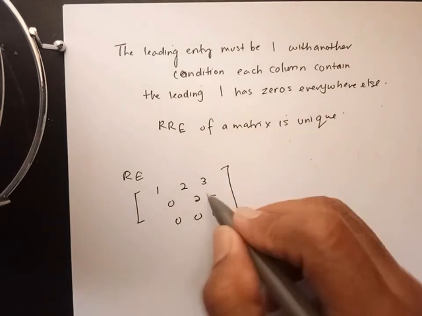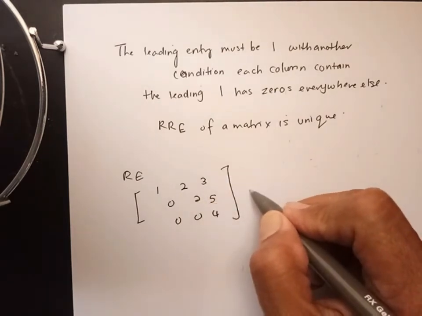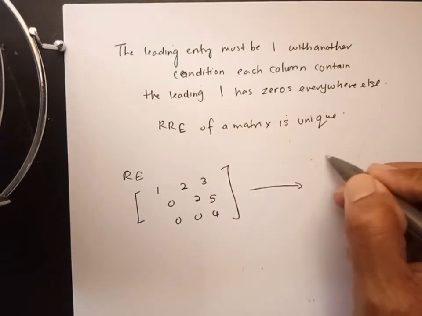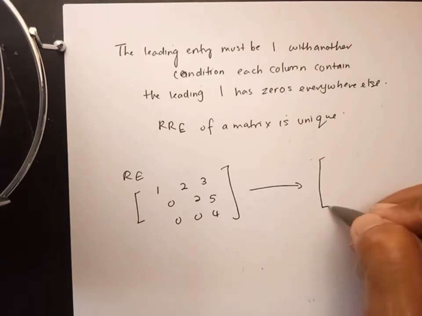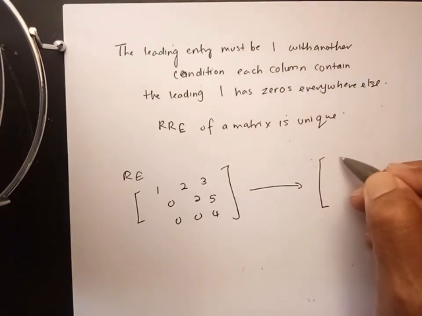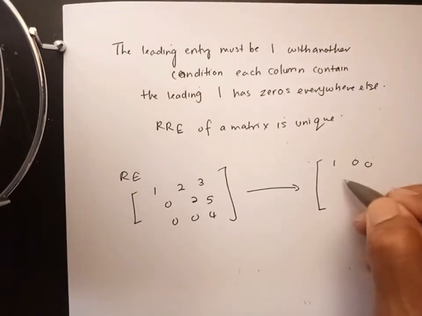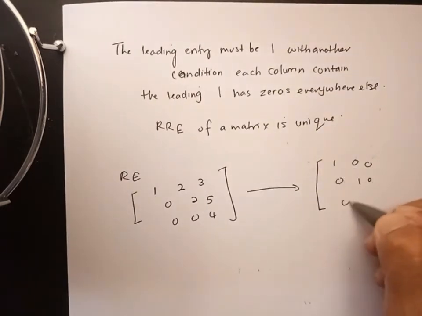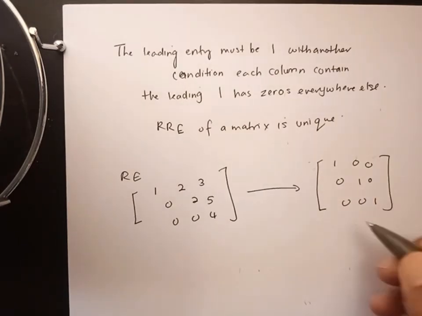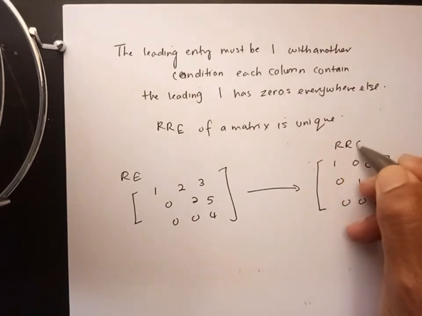If we transform this into RRE form, it must be in the form of 1, 0, 0, with the leading entry 1 and elsewhere 0, then 0, 1, 0 and 0, 0, 1. This is the RRE form.